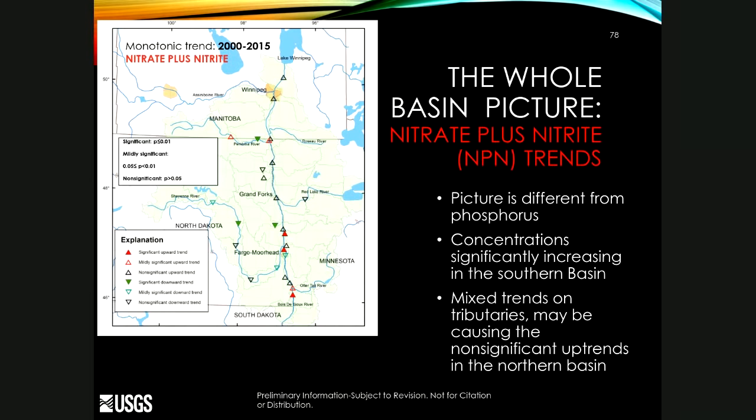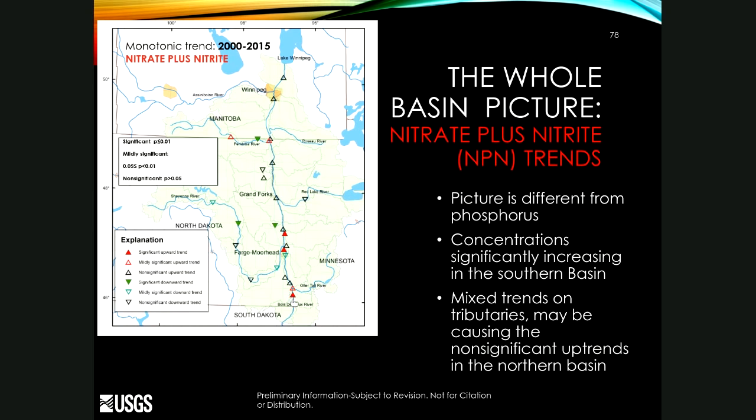So then moving on to the nitrate plus nitrite, the whole basin picture does look a little different from phosphorus. Again, this is from the 2000 to 2015 time frame. Looking at the southern basin or the upper watershed, we have the trends tending to be upward and significantly upward down here.